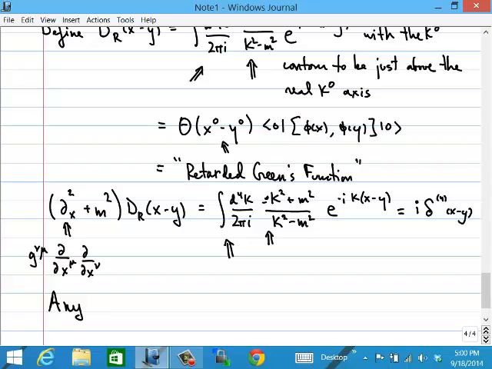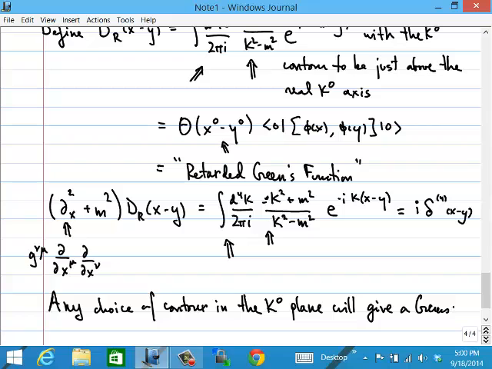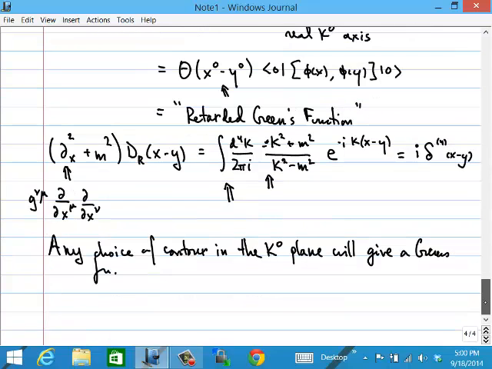So in fact, any choice of contour in the k⁰ plane will give a Green's function. The choice of contour that we used in the definition of this retarded Green's function was one that doesn't treat past and future democratically. It's the one that vanished when x⁰ was less than y⁰.